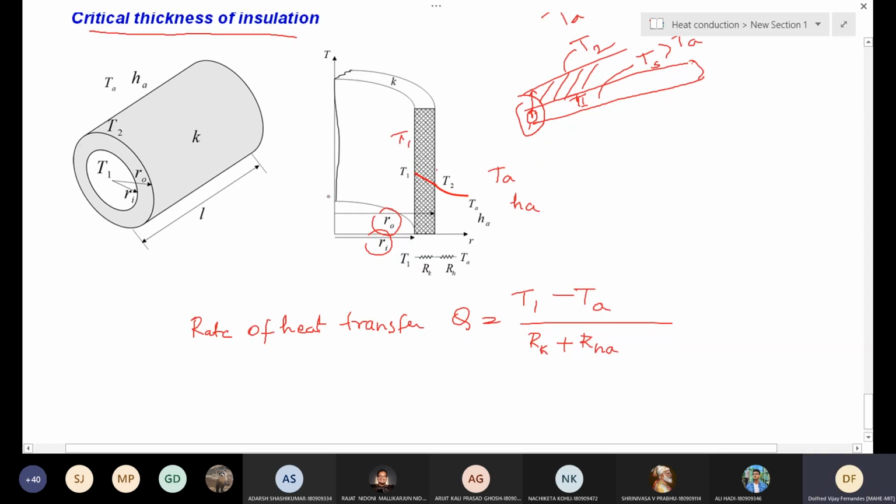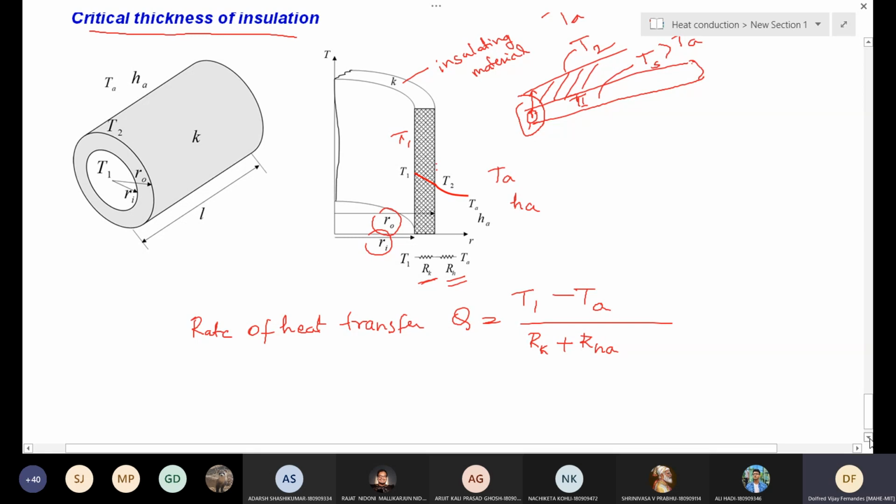Any doubt here, or you don't understand anything? How can I write this? We have the inside temperature known, T1, and there is an insulation material of thermal conductivity k. From the insulation's outer surface there is heat convection to the air. So we have two resistances: one is conduction resistance, another is convection resistance.